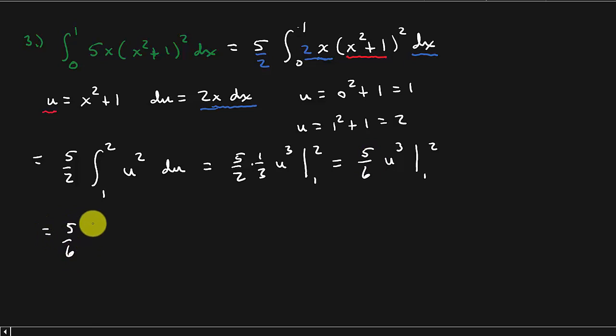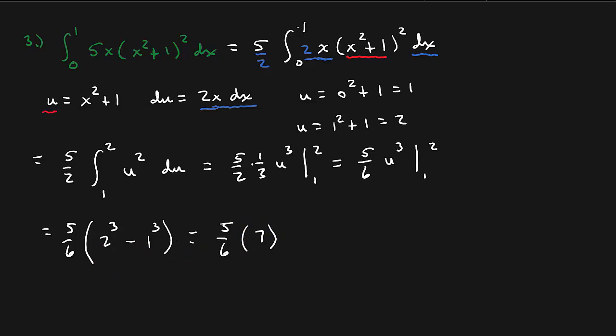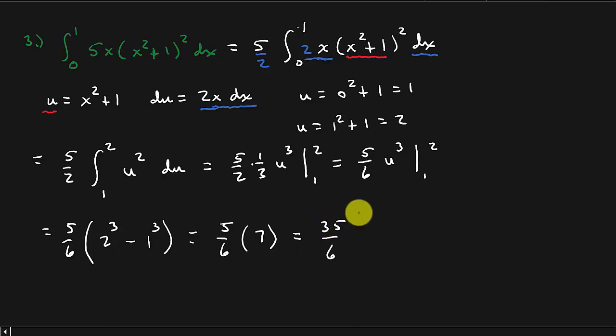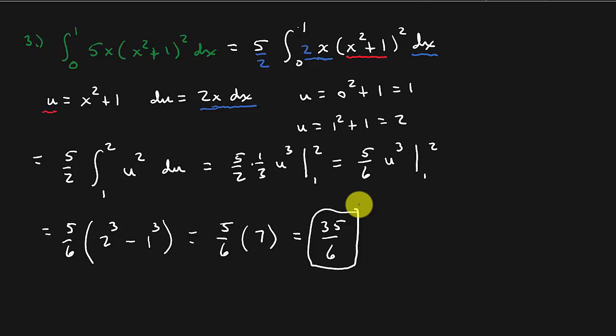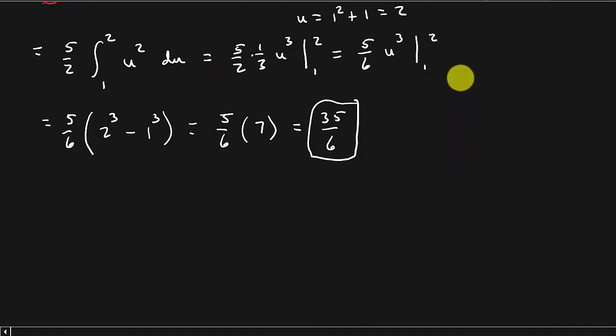So that's 5/6, and now we've got what? 2 cubed minus 1 cubed, and that is going to be 5/6 times, that's 8 minus 1, which is 7. And so that is going to give us 35/6. And there's your answer.